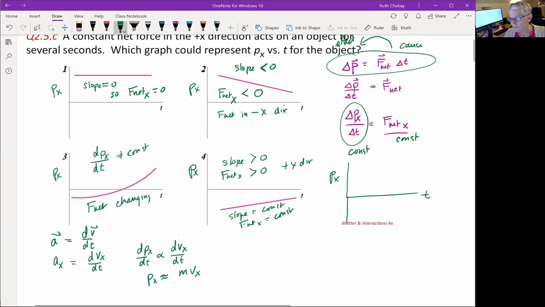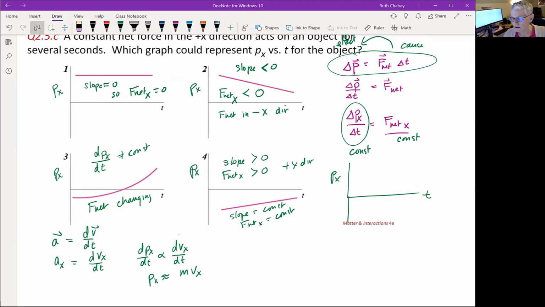And so in any of these cases where px, the momentum, is changing, that means the velocity is changing, and that means that the thing is accelerating. So graphs 2, 3, and 4 also all show an acceleration. The only one that shows zero acceleration is graph 1, because the slope is constant, the momentum is constant, and it's not changing.